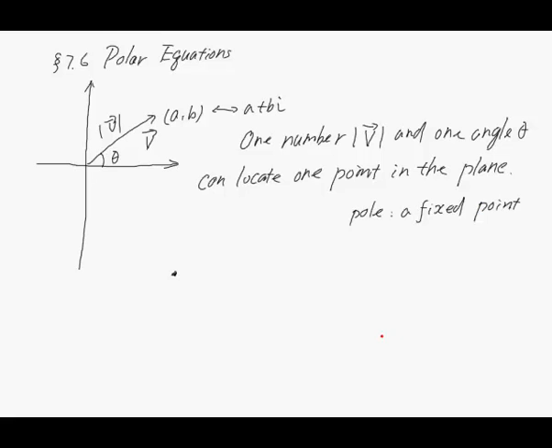And then we have a fixed ray, and this fixed ray is called the polar axis. So this polar axis is a fixed ray.